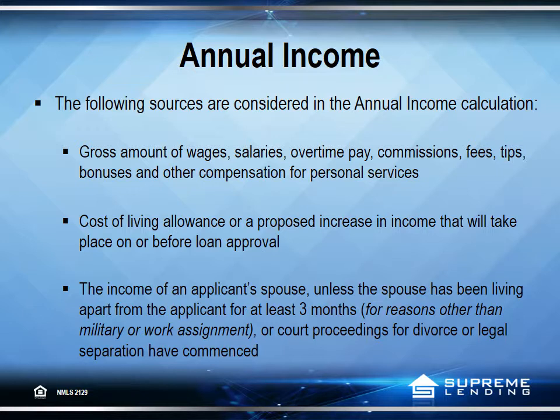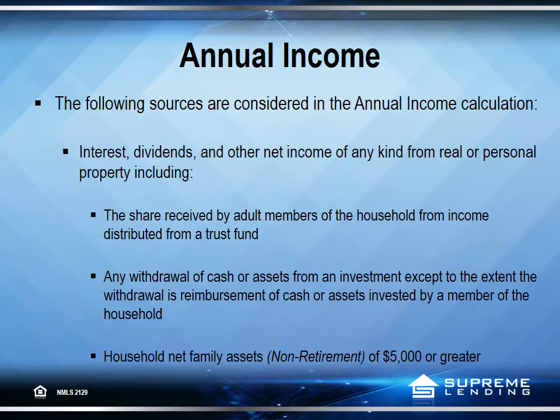cost of living allowance or a proposed increase in income that will take place on or before loan approval, the income of an applicant's spouse, unless the spouse has been living apart from the applicant for at least 3 months for reasons other than military or work assignment, or court proceedings for divorce or legal separation have commenced.